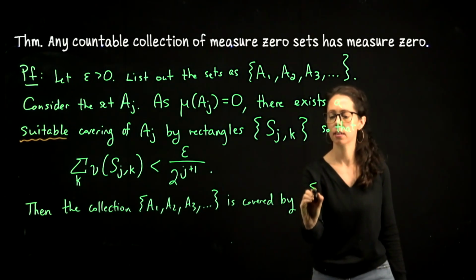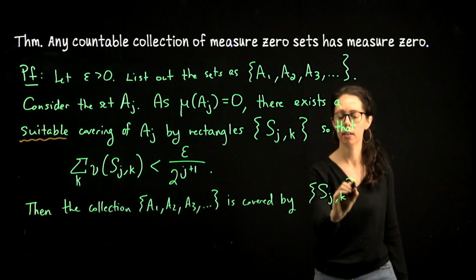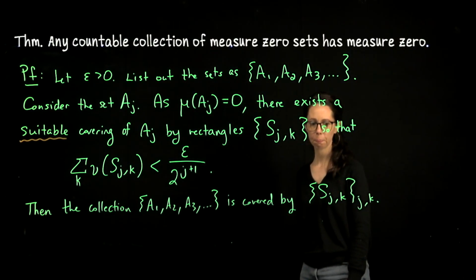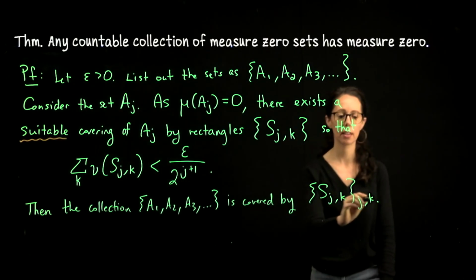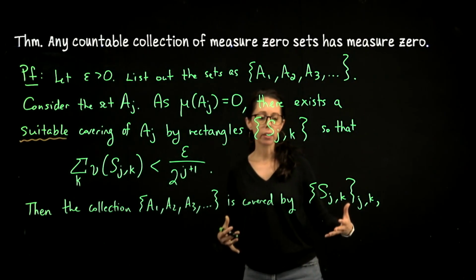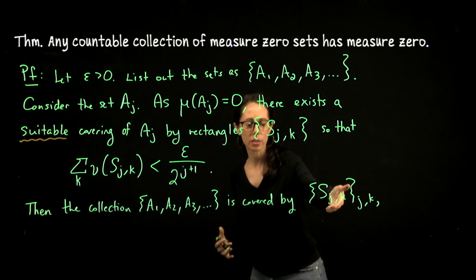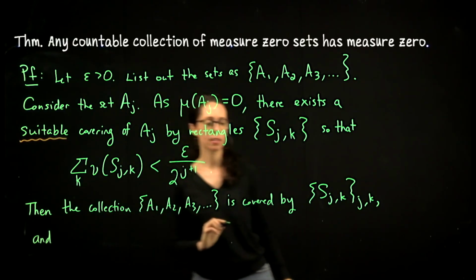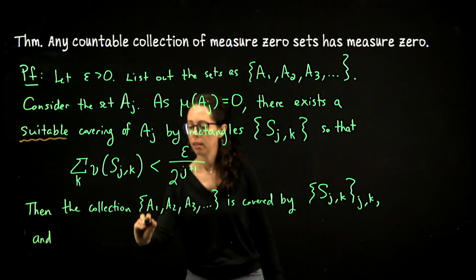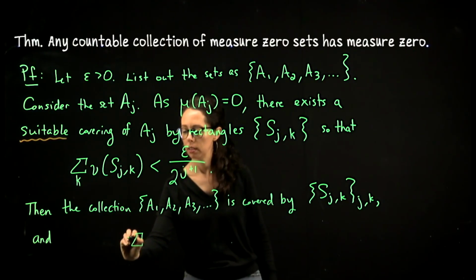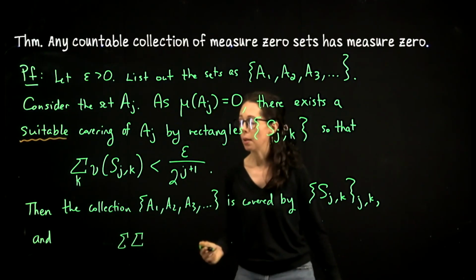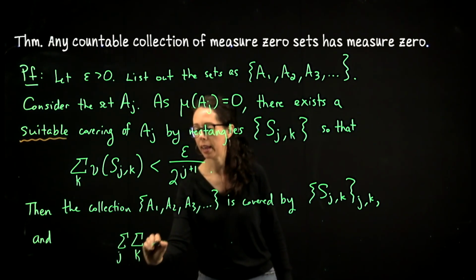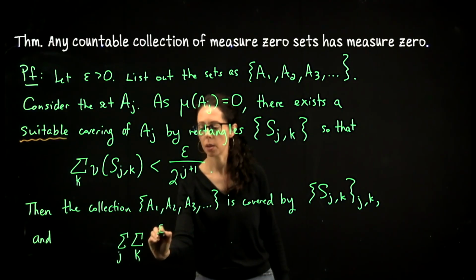I think I will write S sub j comma k, where that's going to go through all pairings of j with k. And let's add up the volume of all of these sets. So it's really going to be like a double sum. Literally, it's a double sum. Add up across j, add up across k, this. I'll analyze this double sum in just a second.